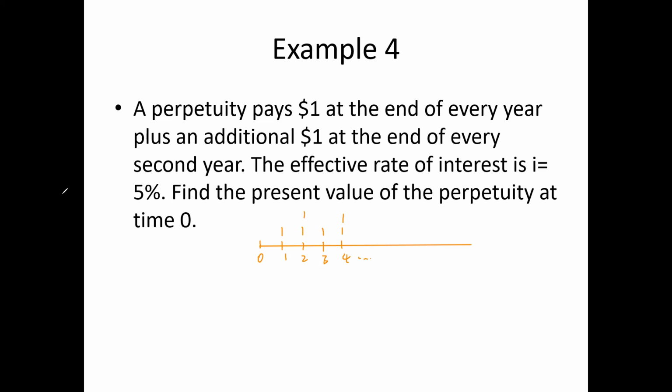We can work with two ways, but let me show you the way I would like to do, which is to figure out the present value of the cash flow of $1 each year. So let me use a different color. I have 1, 1, 1.